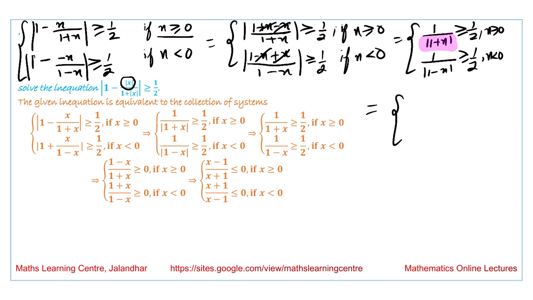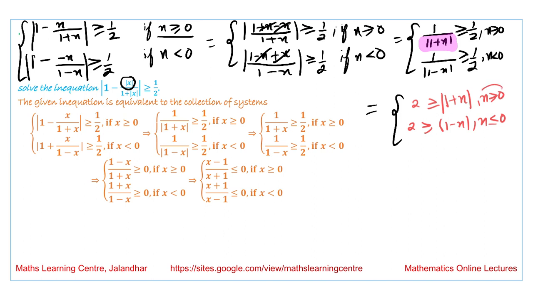In this first case we obtain 2 ≥ 1 + |x|, given x ≥ 0. In the second case, 2 ≥ |1 - x|, given x ≤ 0.